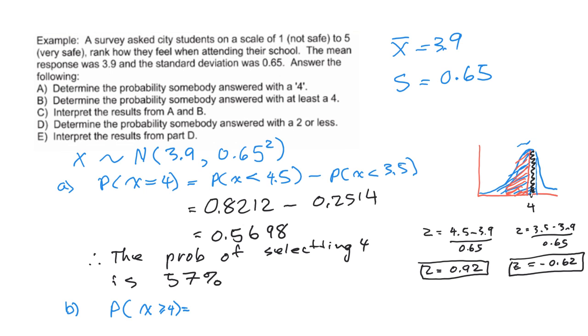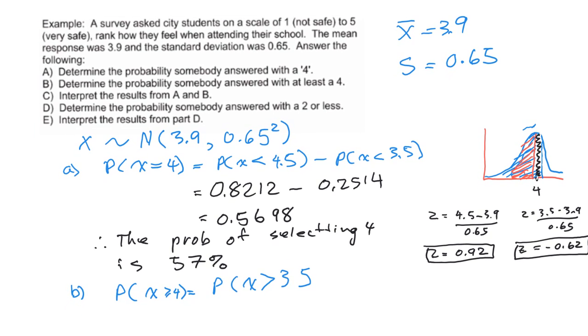Remember that when we said we were looking at the answer of 4, we used the boundary of 3.5 to include 4. So we're going to look for the probability of X being greater than 3.5.